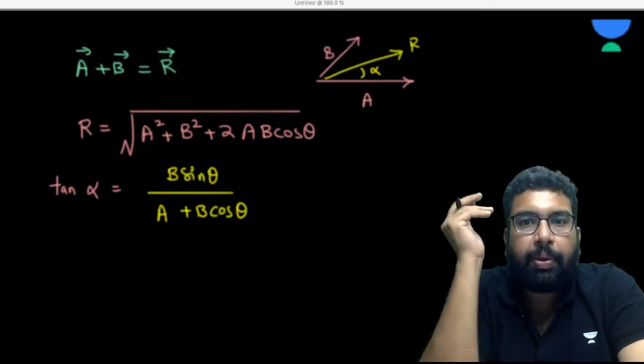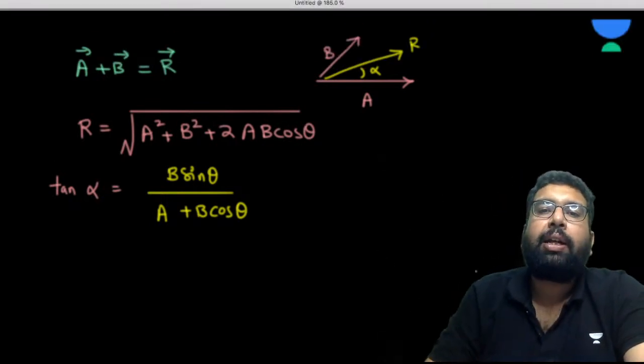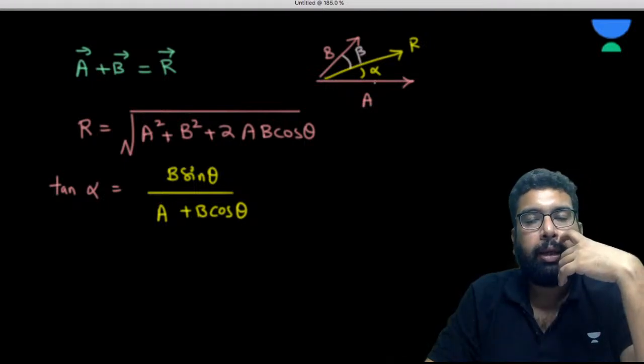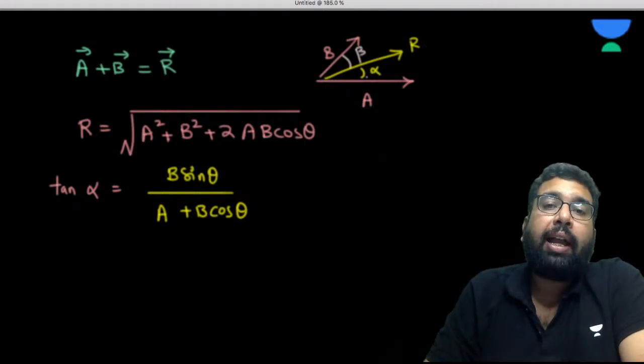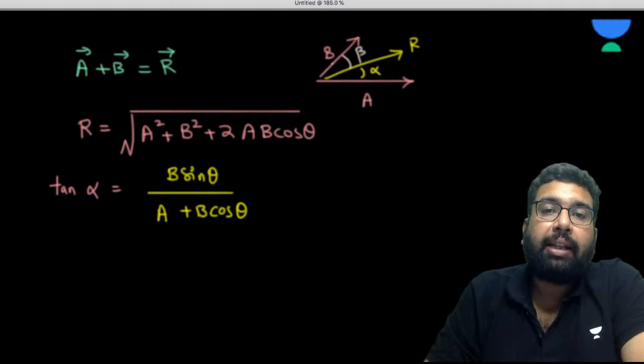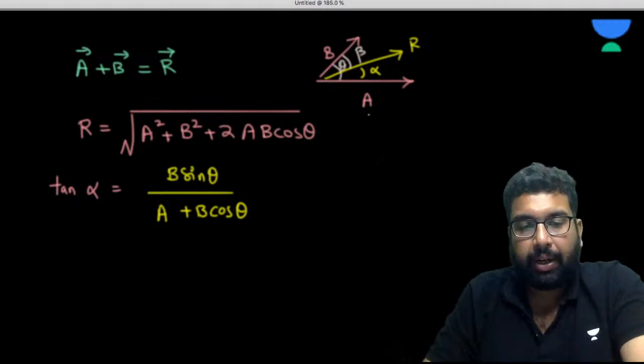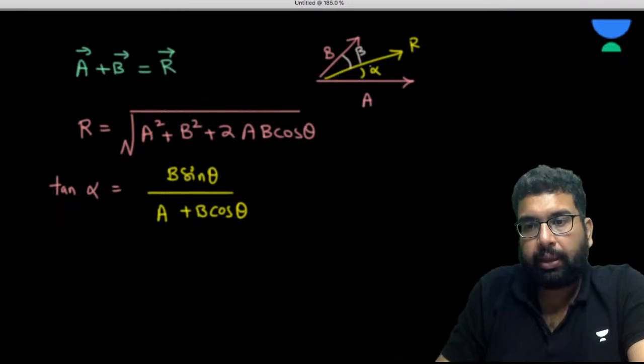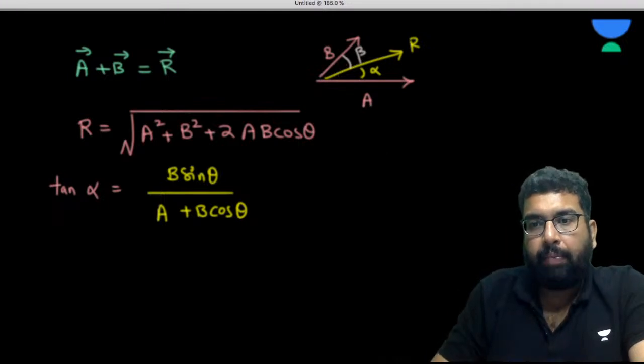Now, for example, if we want the angle beta of the resultant from B, and theta is the angle between these two vectors, which is already known to us.